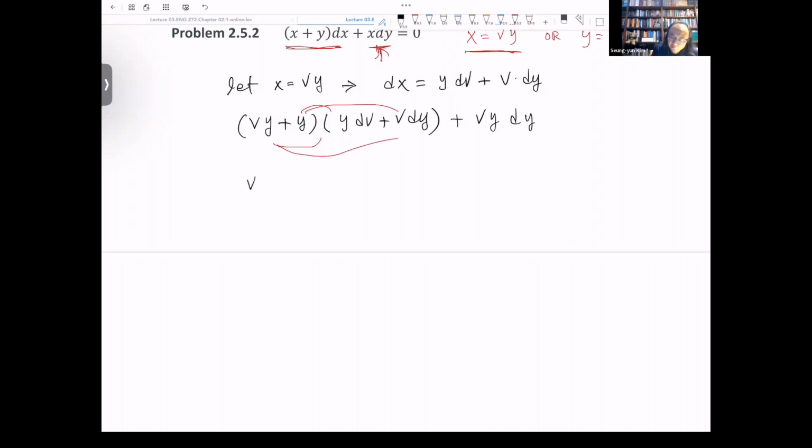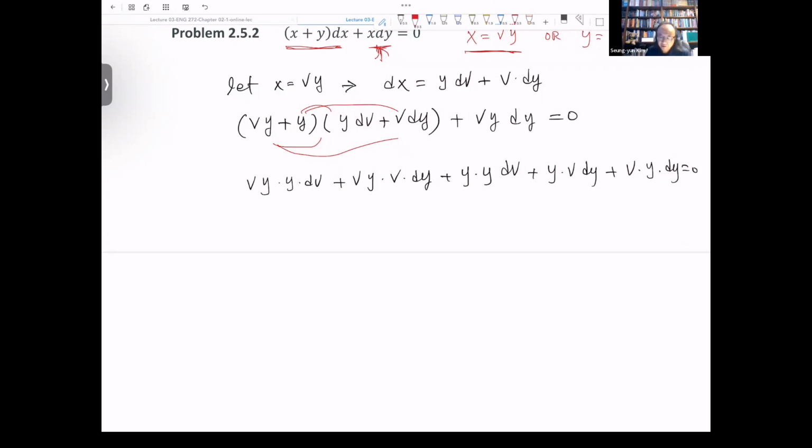Distributed: vy times y dv plus vy times v dy, plus y dv plus y v dy, plus vy dy equals 0.